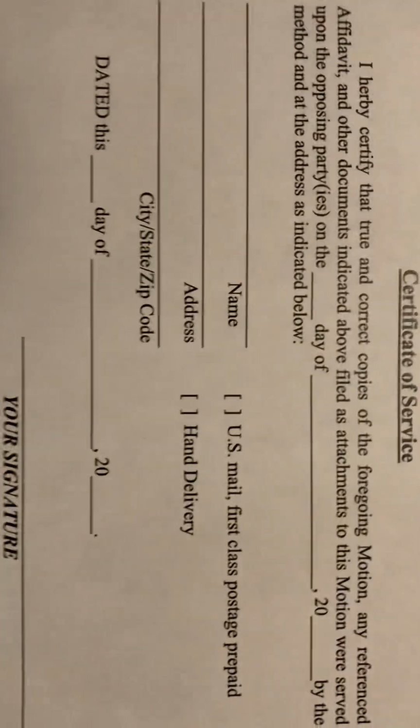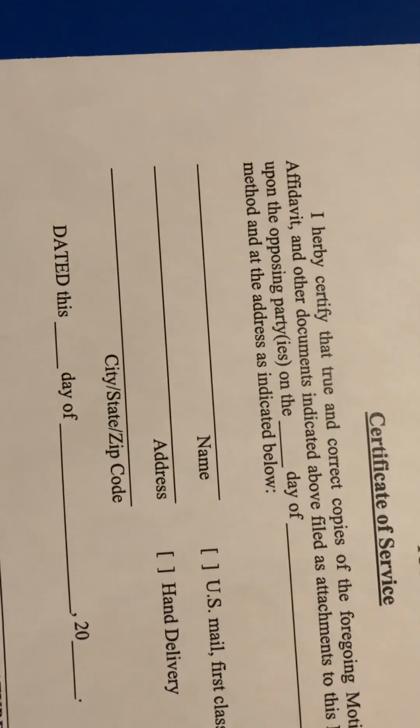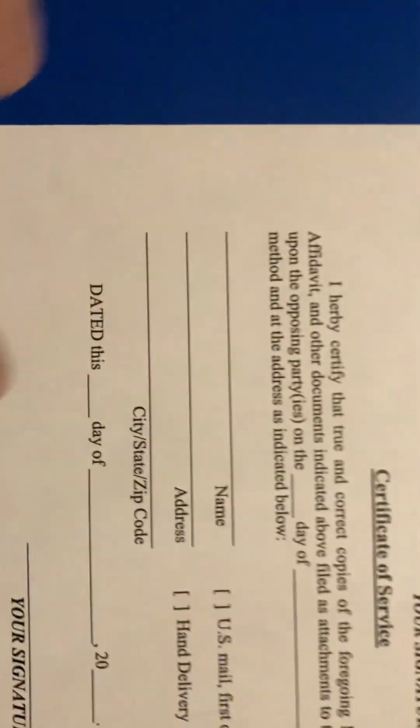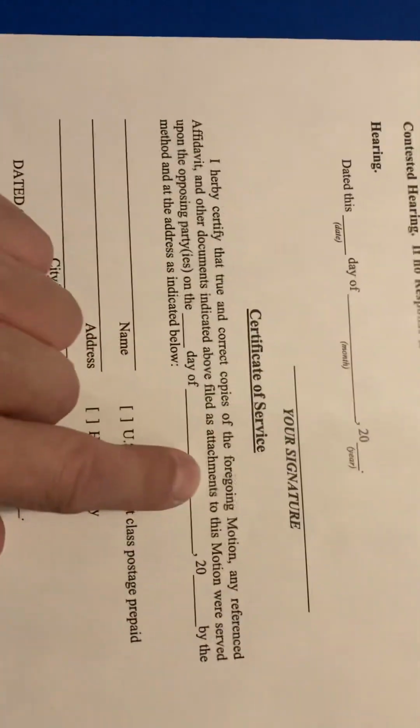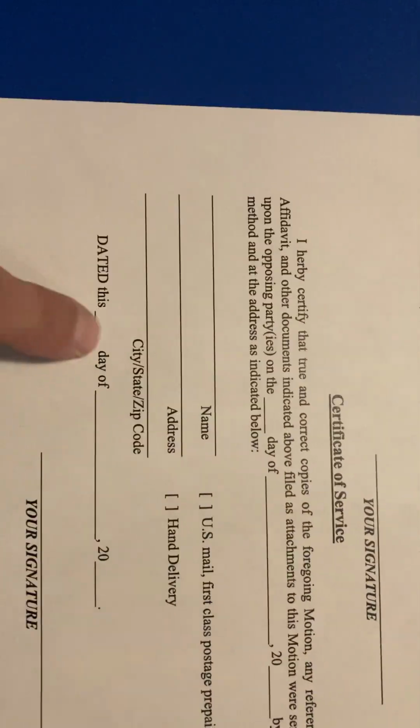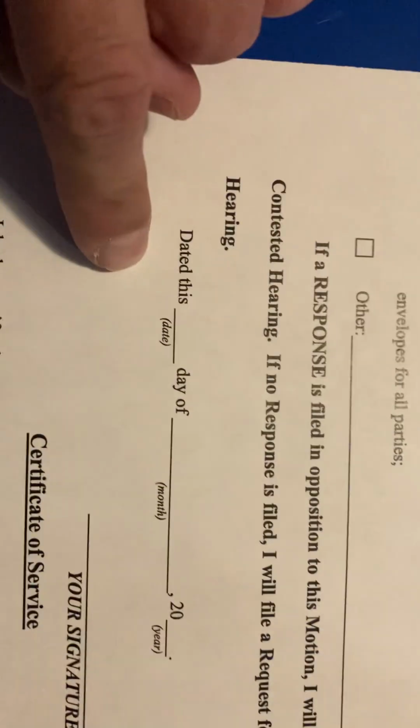So if you filled out the paperwork on a Friday, let's say it was the 2nd, and then you turned it in on Monday, which is the 5th, this date down here and this date right here would be the 5th, and then this date up here would be the 3rd. So these two dates down here are the dates that you turn the paperwork into the courts. This is the date that you actually filled out this paperwork.